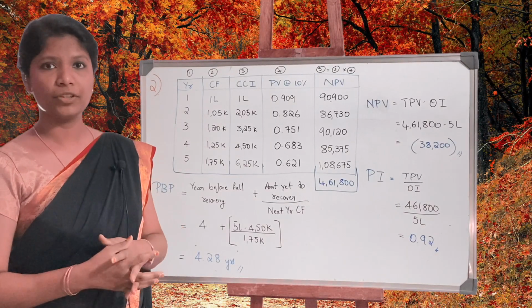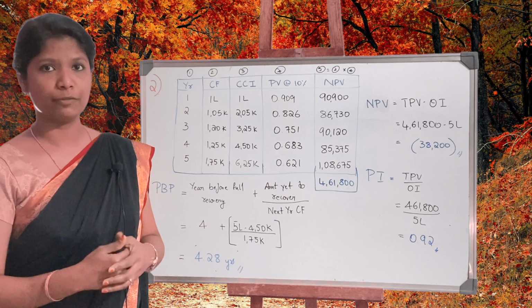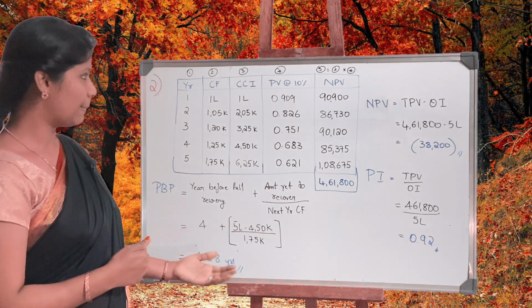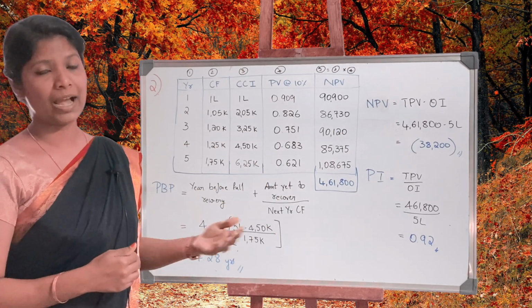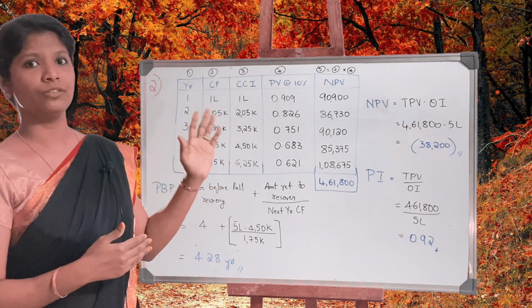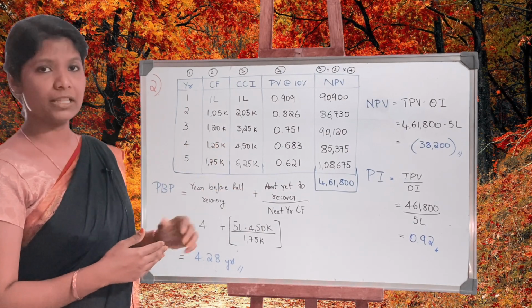So once we have found out the cash flows after tax and before depreciation, we can find out all the three methods in one shot: payback, net present value, and profitability index. You can do it separately, three different tables, or you can combine it this way.